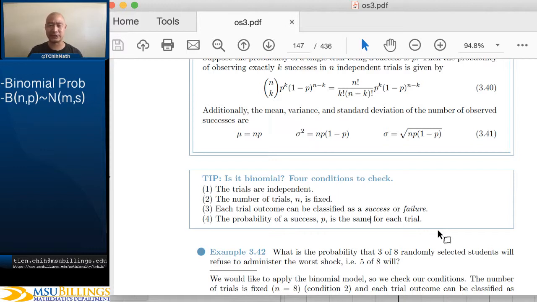You're probably pretty tired by around 450 shots or so. But for small n, this is a pretty reasonable assumption to make, right? That this p is fixed. And so these are all things you need to verify before you can go ahead and assume that your probability is binomial.